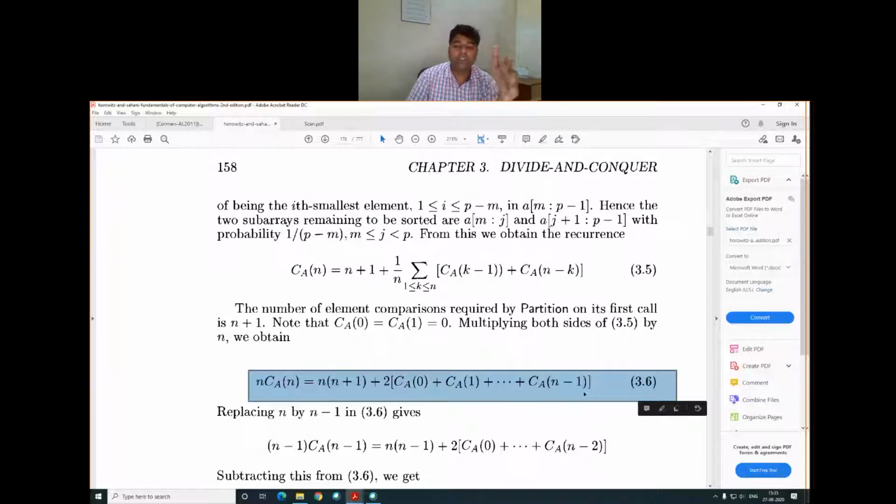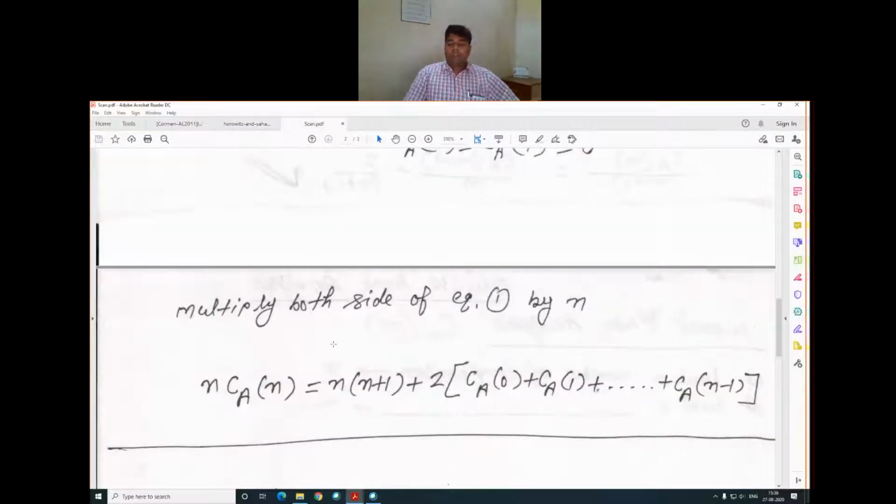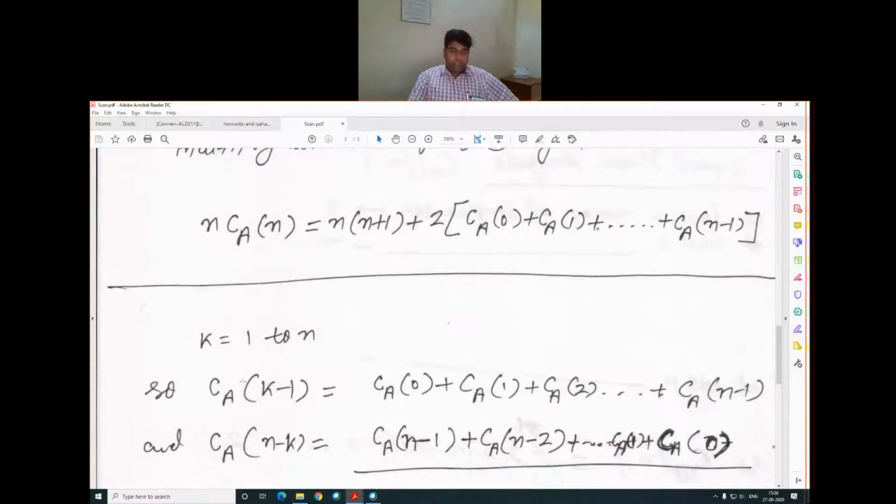How does it come? Let me explain through my notes, since somebody may have a doubt how this equation occurs. I have written the same equation here.